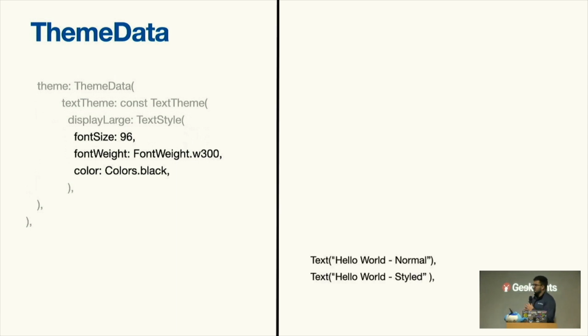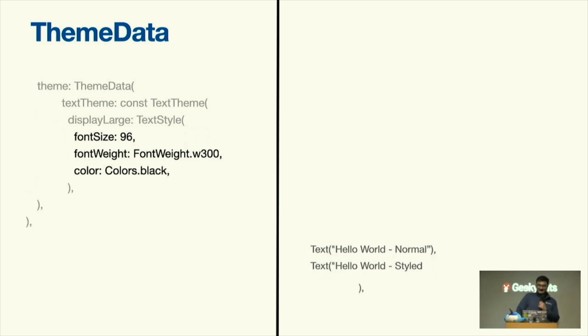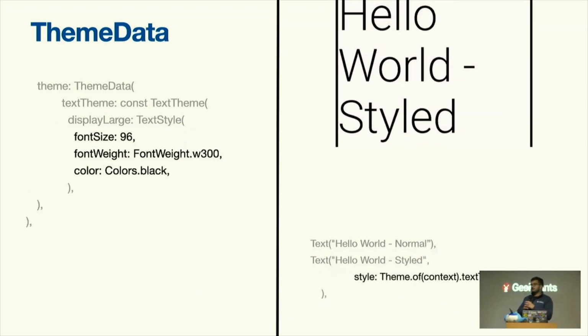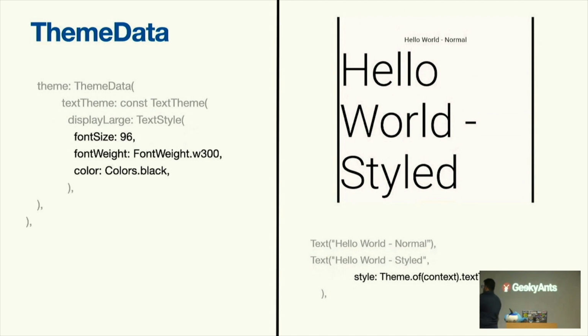And now if I go back to my Flutter application, I want to use that display large theme inside my Flutter app. So I'll type in two text widgets inside a column, which would be hello world. One would be normal and one would be styled. And to this styled widget, I can use this display large by calling Theme.of(context), which is how you access themes inside your Flutter widgets, and then you can type in textTheme.displayLarge, and you would see the difference here.